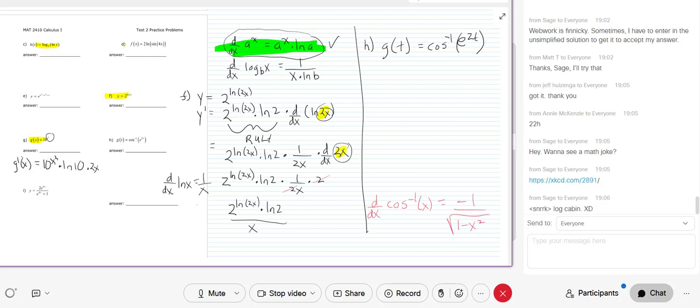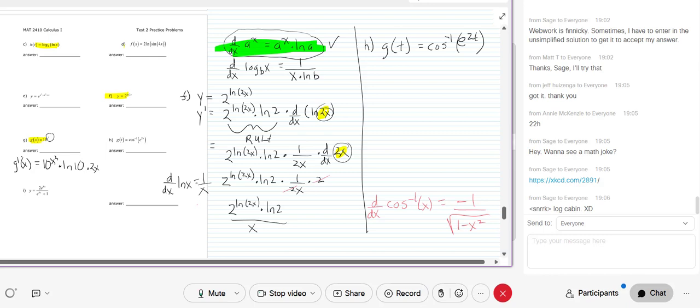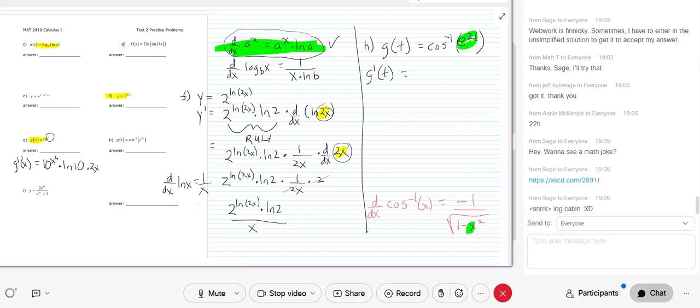I give you that derivative of an inverse cosine. When I do the derivative, we're going to do exactly what this rule tells us to do. The only thing is, instead of putting an x, you're going to put e to the 2t. So you'll have -1 over the square root of 1 minus e to the 2t squared.